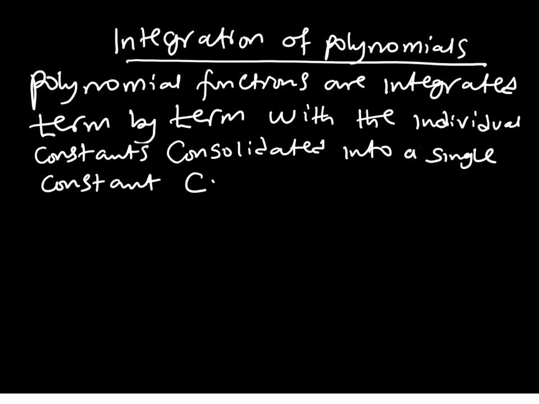After learning how to integrate powers of x, we want to integrate polynomial functions. Polynomial functions are integrated term by term, with the individual constants of integration consolidated into a single constant c. What does this mean?